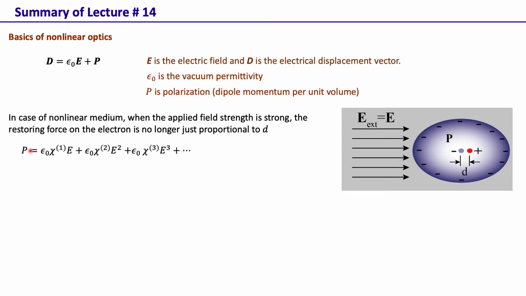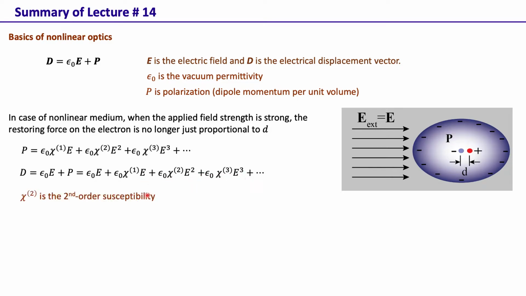So in addition to a term proportional to E, the polarization also has terms proportional to E square, E cube, and so on. Similarly, the displacement vector will have terms proportional to E square and E cube and so on.